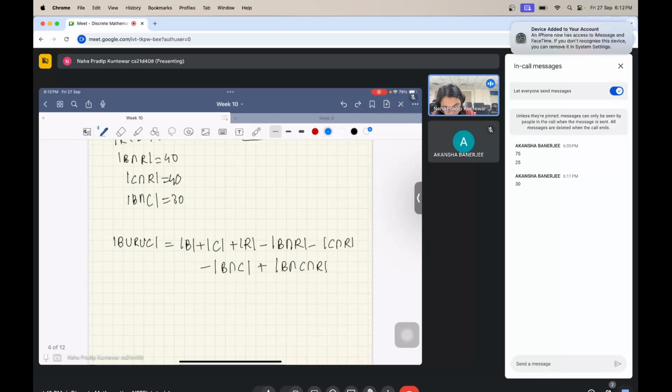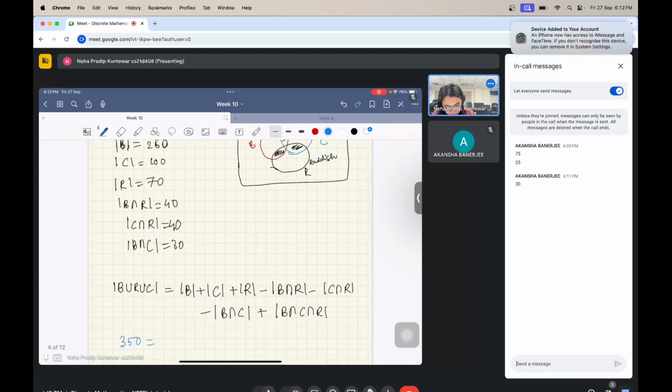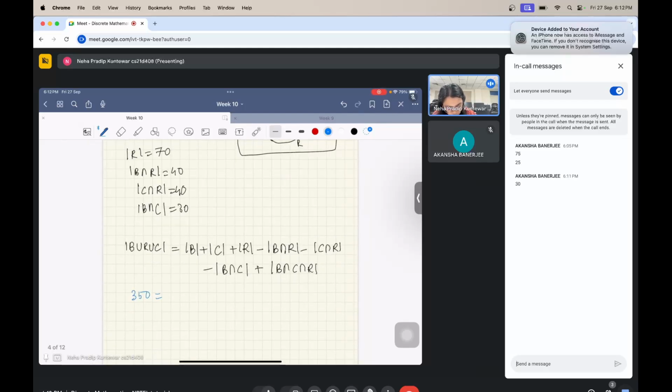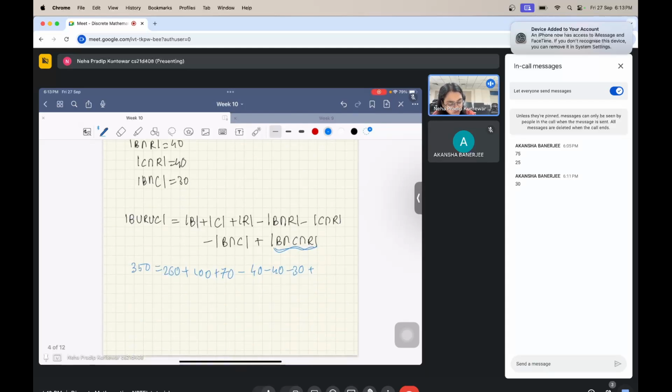So B union R union C is 350, B is 260, then 170, minus 40 minus 40 minus 30 plus, so this is the value that you want to find, that is the farmers that farm beetroot, radish as well as carrot.